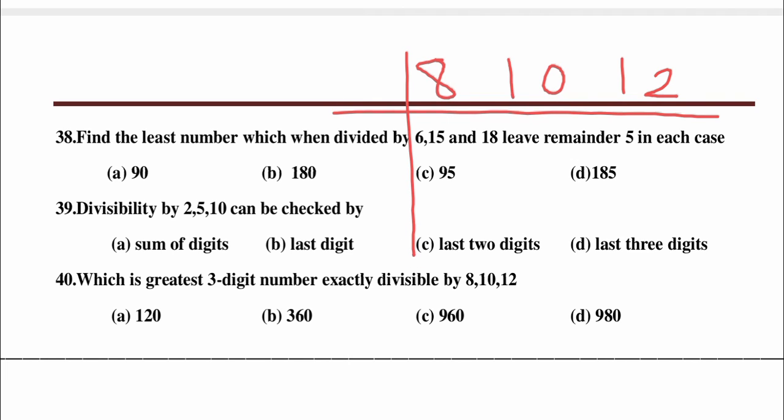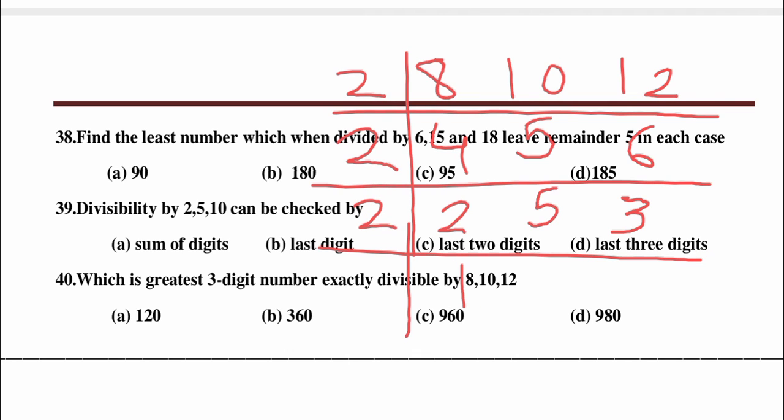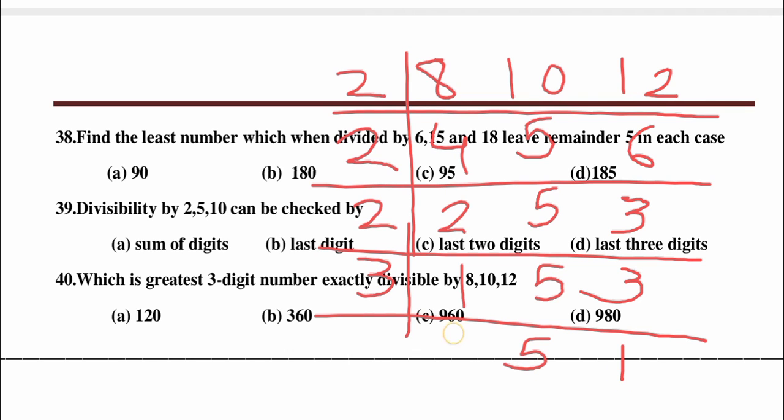First we divide by 2: 2 4s are 8, 2 5s are 10, 2 6s are 12. Then we divide by 2 again: 2 2s are 4, 5 as it is, 2 3s are 6. 2 1s are 2, 5 and 3 as it is. Then we divide by 3, 5 as it is.